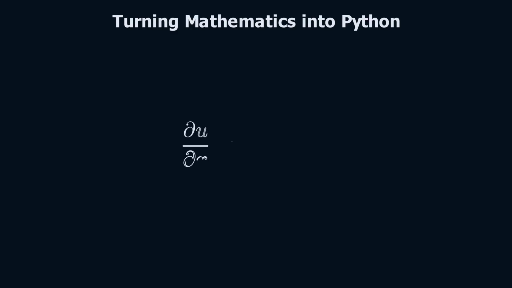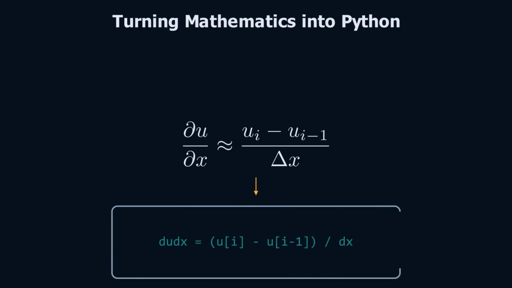Our finite difference equation is now ready to become computer code. The numerator simply subtracts two neighboring values. The denominator divides by the spacing between those cells. Python performs exactly the same calculation. Notice how every mathematical symbol has a direct Python equivalent.